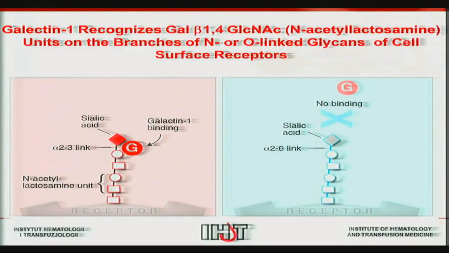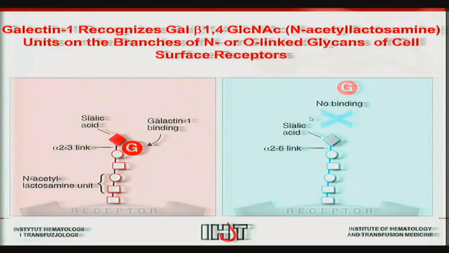Galectin-1 is a lectin, so it binds glycosylated surface receptors. It binds to N-acetyllactosamine units, and the binding is dependent on terminal sialic acid attached either by an alpha-2,3 link, which is permissive to galectin-1 binding, or by an alpha-2,6 link, which is not permissive to galectin-1 binding.